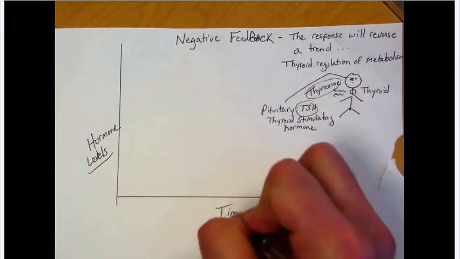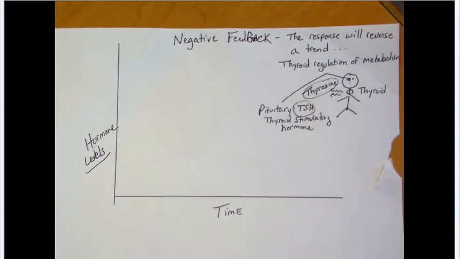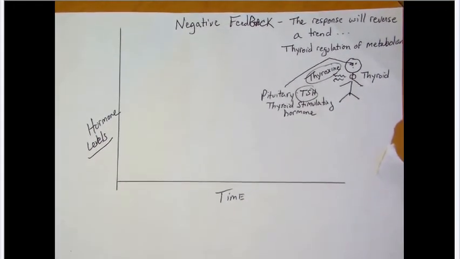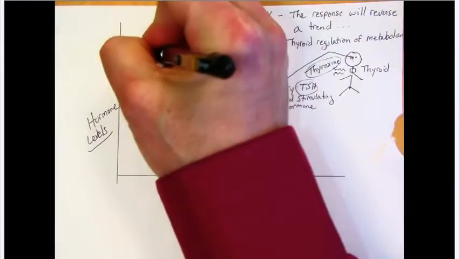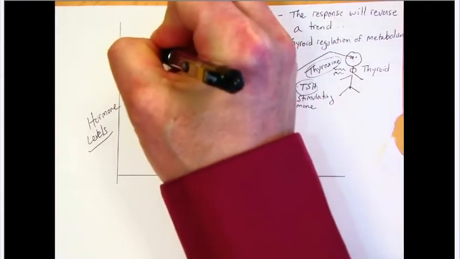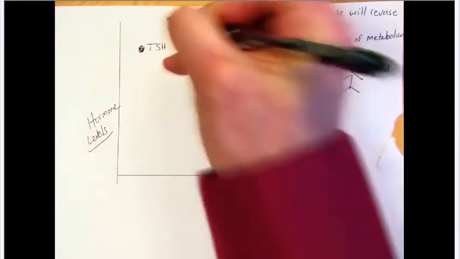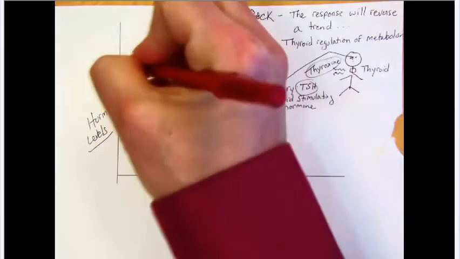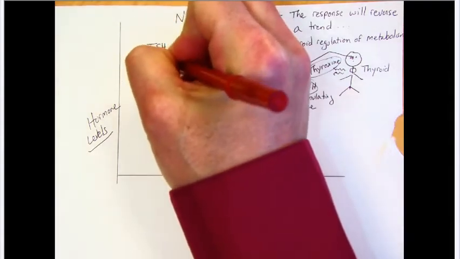This is time. So now you're going to need 2 colors. If you didn't get 2 colors when I mentioned it earlier, you might want to do that now, okay? Because I'm going to use black for TSH, and I'm going to use red for thyroxine.